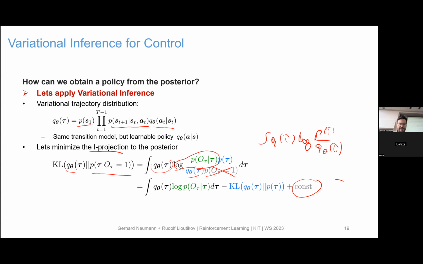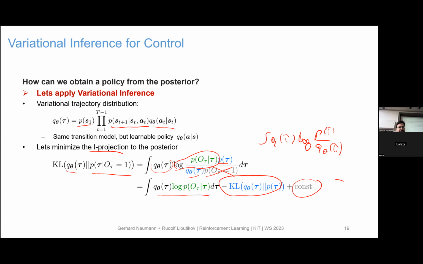So these are basically these blue parts, and you can see this is again actually a KL between your variational distribution Q and the prior P. So what we want to get is basically the distribution Q that optimizes my rewards, or this log optimality condition, which we'll see is just a reward, but at the same time is close to the prior. So both objectives.